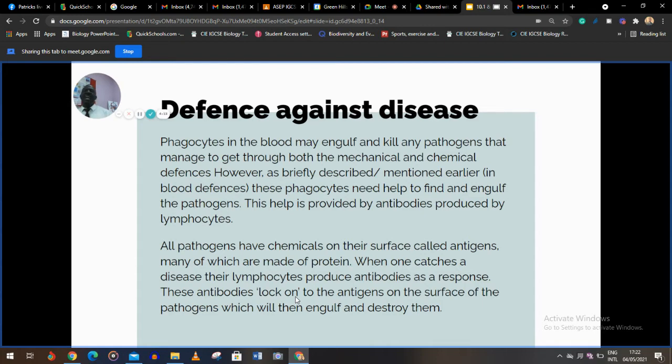Antigens differ in shape and structure, and when they enter the body, we have what we call lymphocytes. Lymphocytes are types of stem cells that are responsible for producing a certain specific kind of defenders, which we call antibodies.